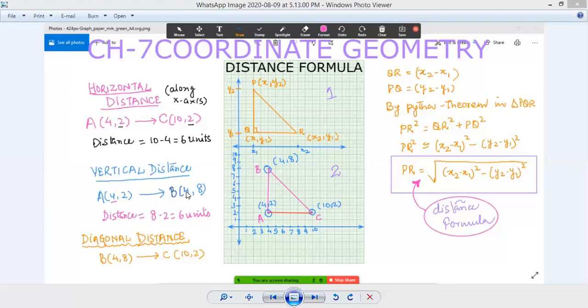Abscissa is not changing when we are moving vertically. Only the change in ordinate is visible. It is 2, and when you are writing the coordinates of B, it is 8. So that means only by subtracting 2 from 8, you will get the vertical distance. So that is 6 units.